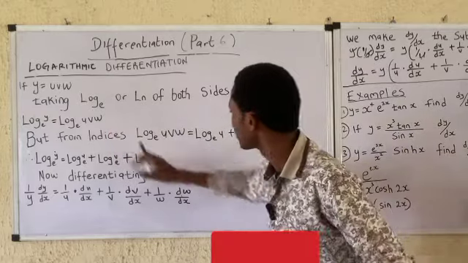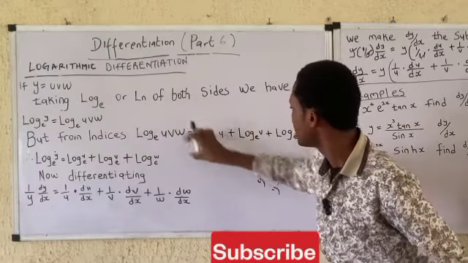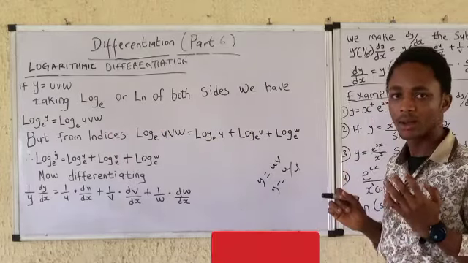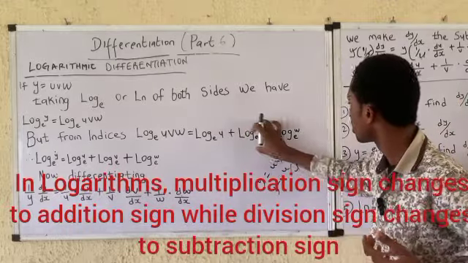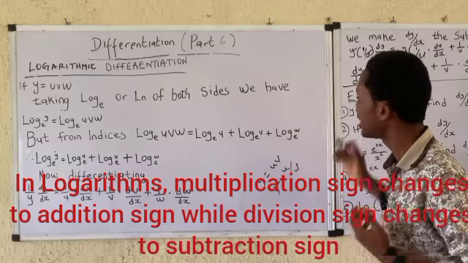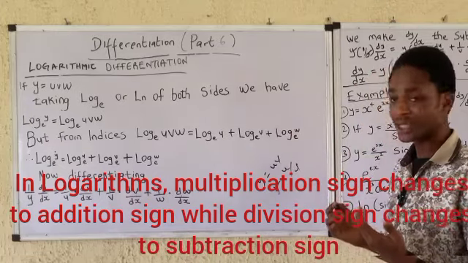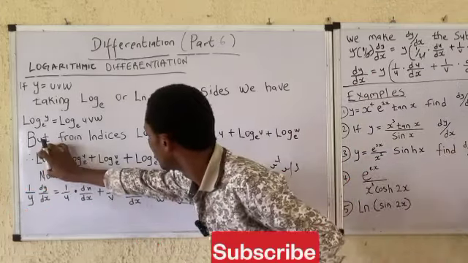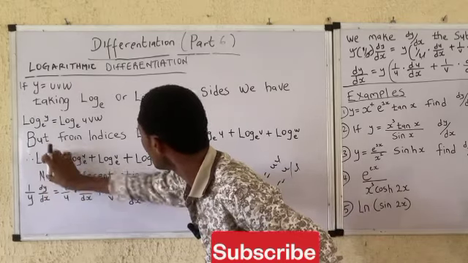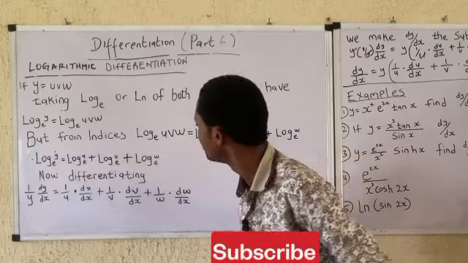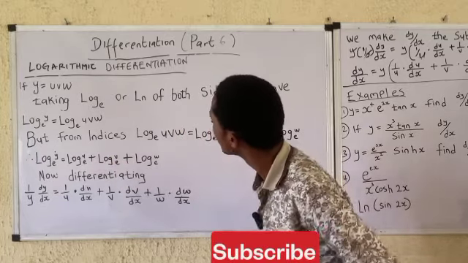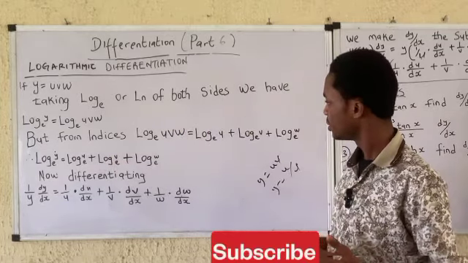But from the law of indices, log e uvw equals log e u plus log e v plus log e w. Therefore, log e y equals log e u plus log e v plus log e w.